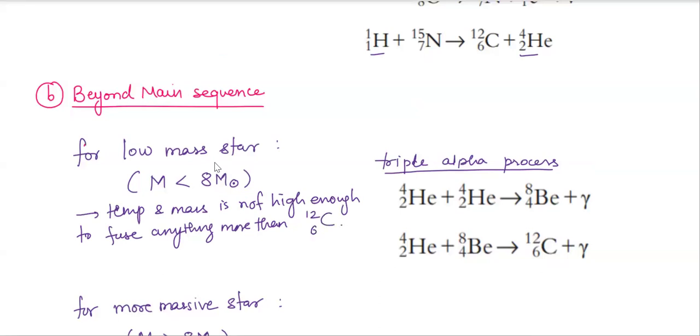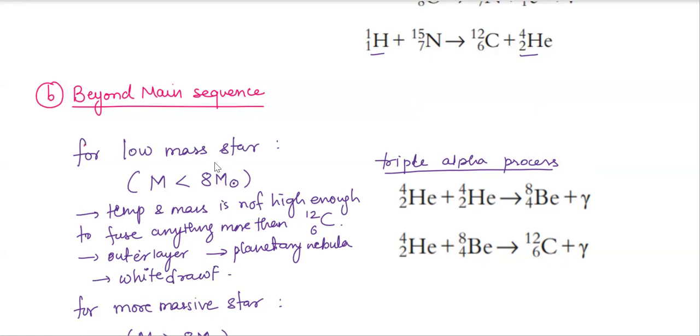So this is the only condition. What happens is the outer layer converts into a planetary nebula, and a white dwarf is formed, which is basically the core of carbon.